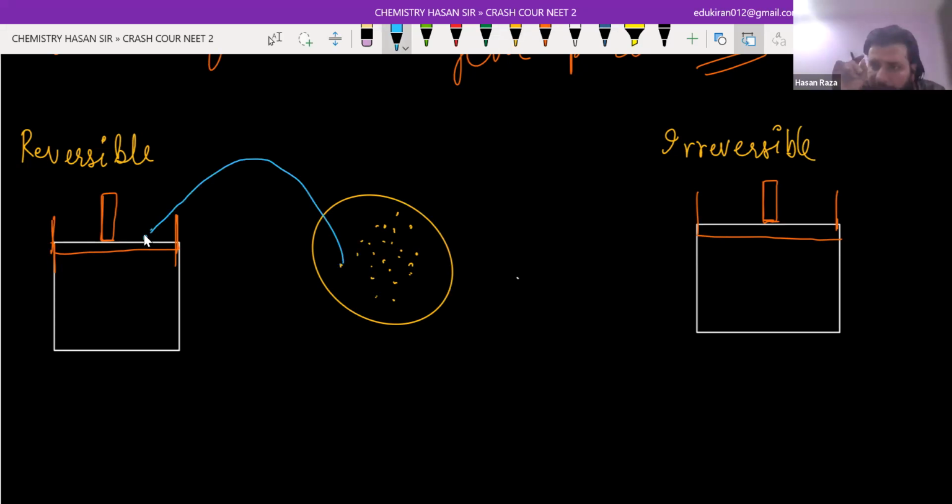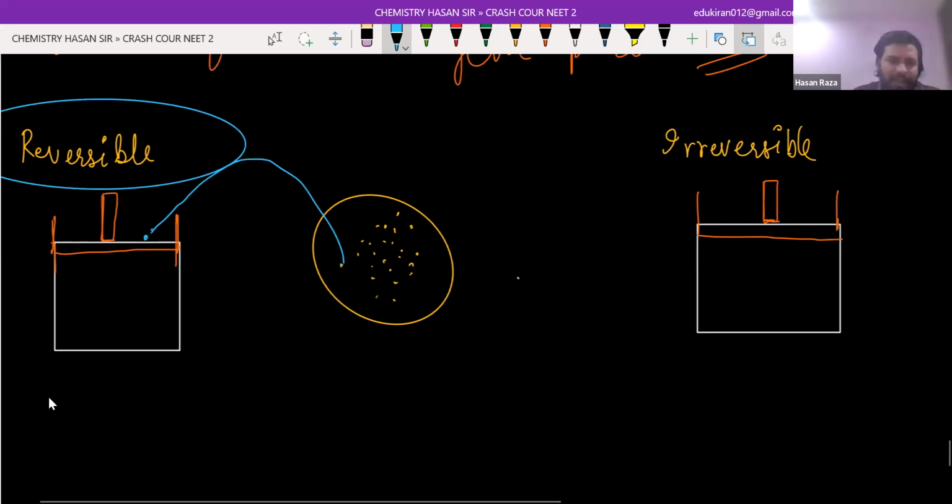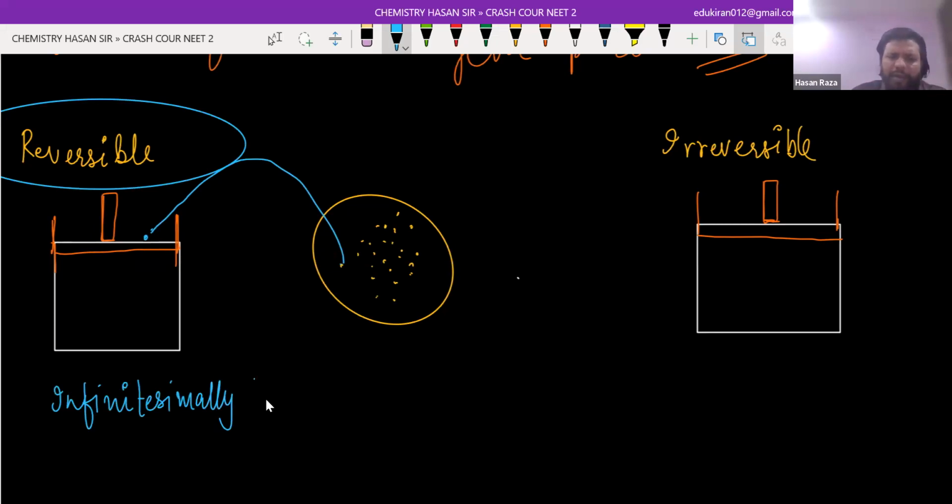If you just pick a sand particle and put it on the piston, will it affect? Yes or no? No. Simple. It will not affect. So this reversible process is very, very slow. What we call it is infinitesimally slow.